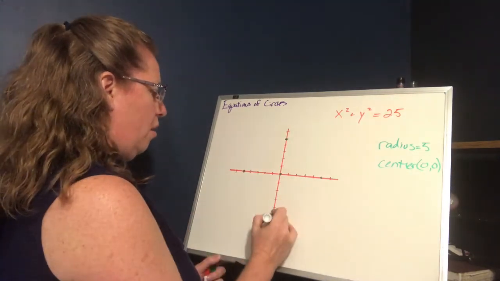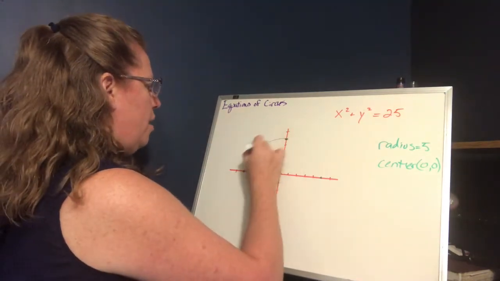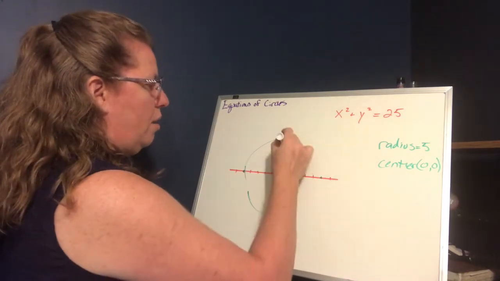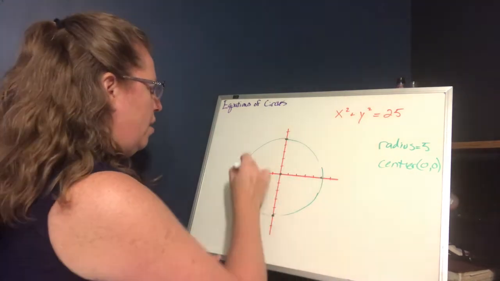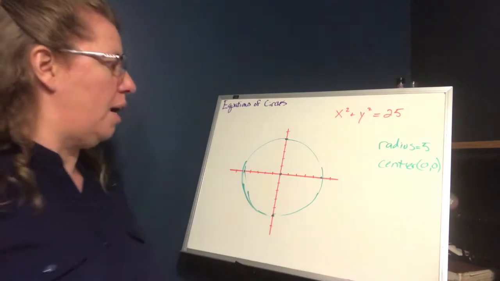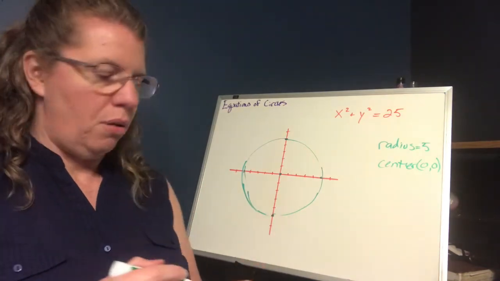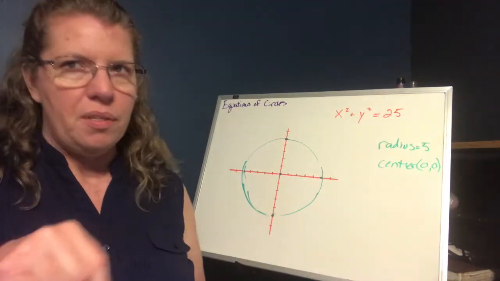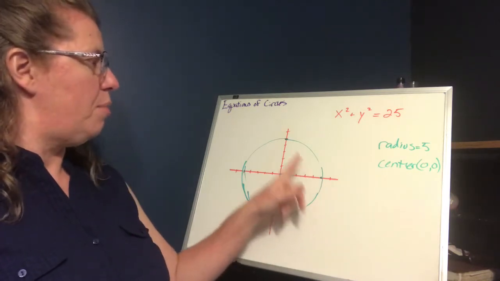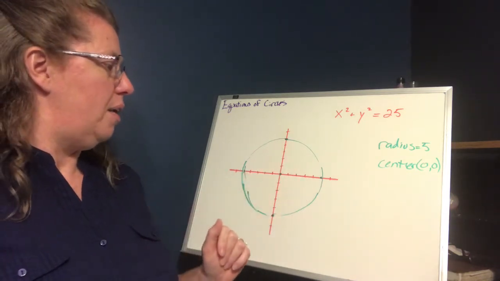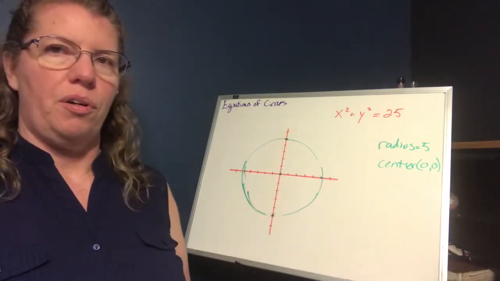Doesn't necessarily have to be all 4 directions, but go ahead and show me that you actually know what the radius of our circle is. Not expecting perfection. I don't want you to get out your compass and make sure it's perfect. Just tell me that you know where the radius is and draw your circle there.